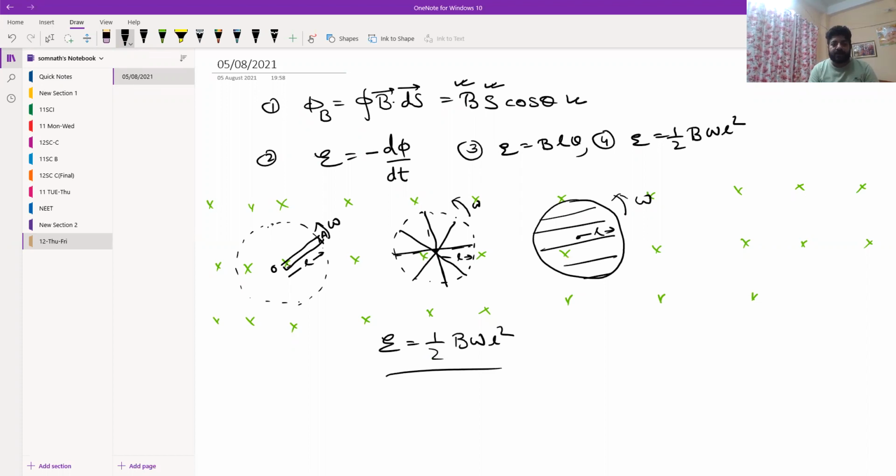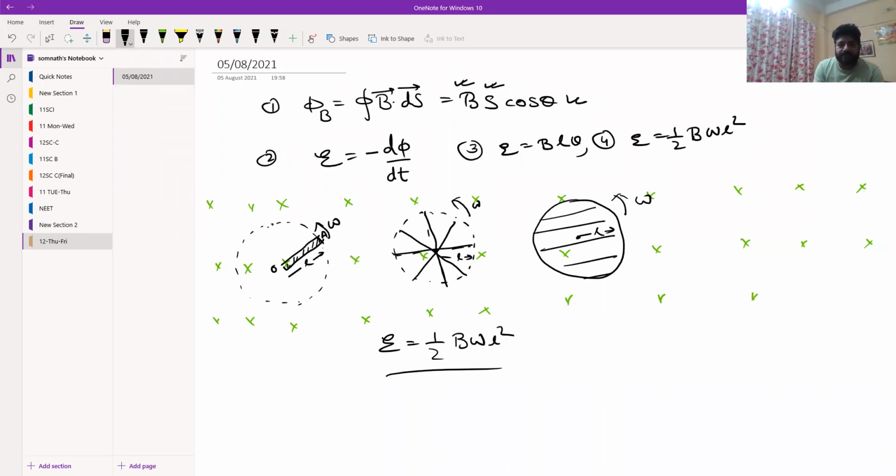So if you get a rod, or this type of thing, or this type of thing, in this type of situation, your induced EMF is half B omega L square. Is it clear? Yes, sir.